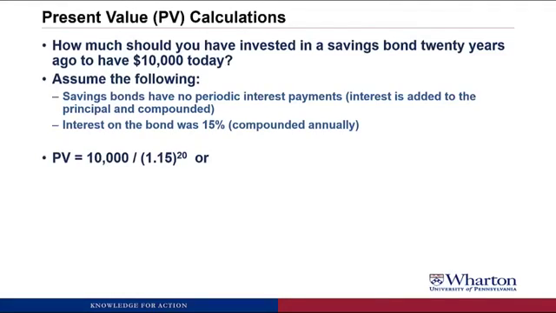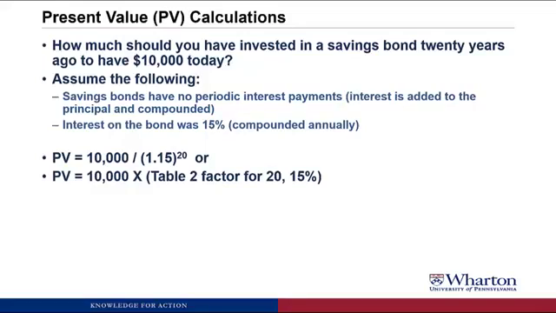If you want to do the formula, you could plug in $10,000 as the future value, divide that by 1.15 raised to the 20th power, so it's a 15% interest rate over 20 years. Or we could calculate present value as 10,000 times the factor from the table, which we just saw was 0.0611.